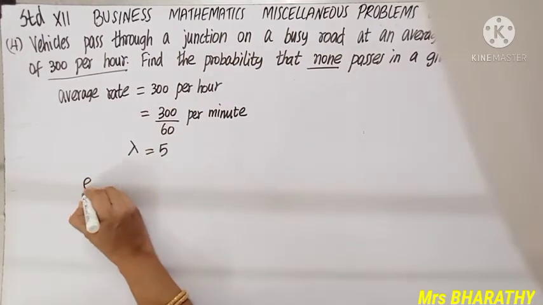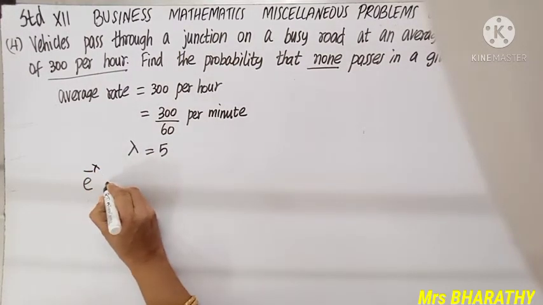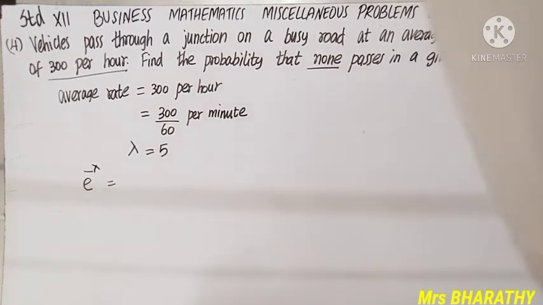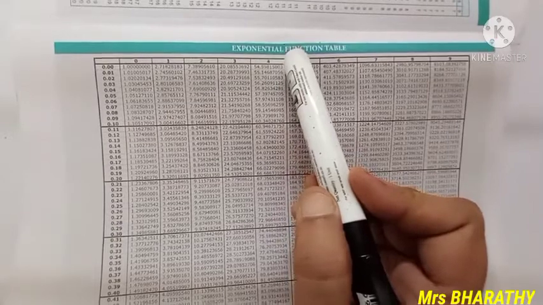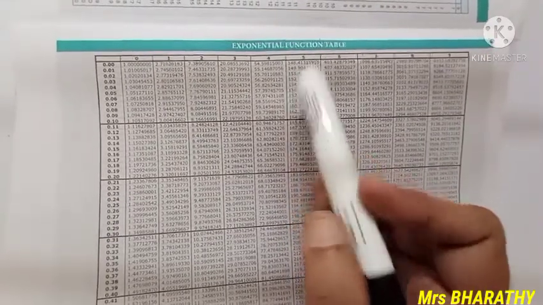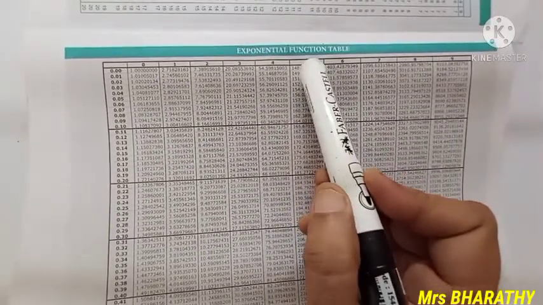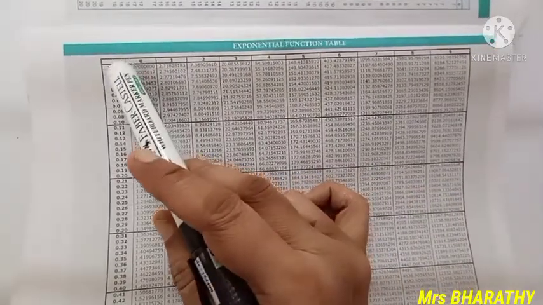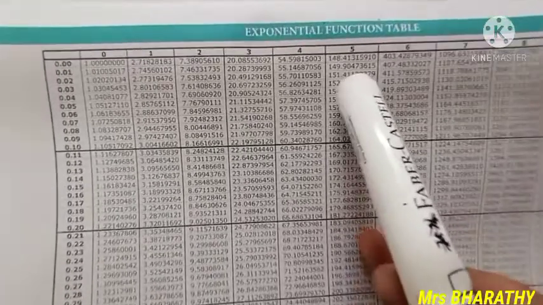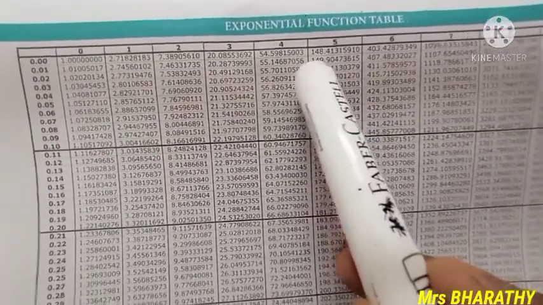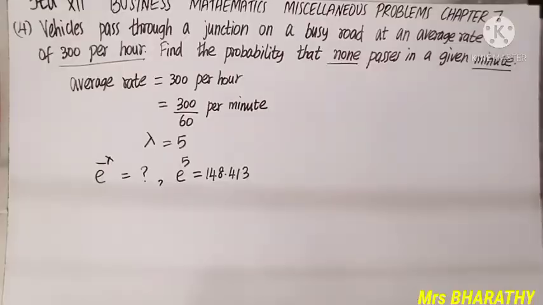How to calculate e power minus lambda? We will refer to the table. In the exponential table, my question is 5. So check under 5 under 0. Under 5 under 0, my value is 148.413.